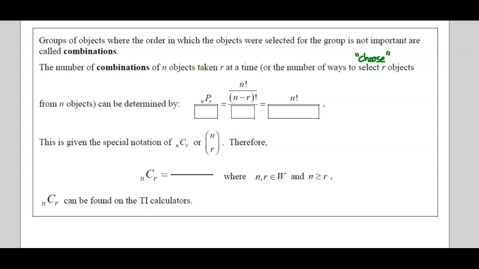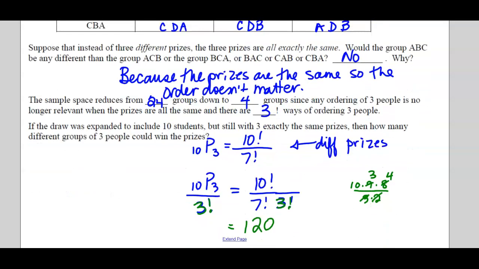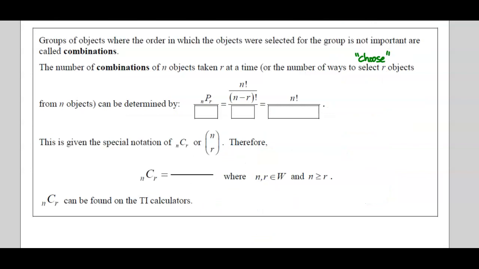So we had this before, the last question. I had 10P3, and I divided by 3 factorial. That's how many in our group, and that was my factorial. So that r is going to match up. So this is going to be divided by r factorial.